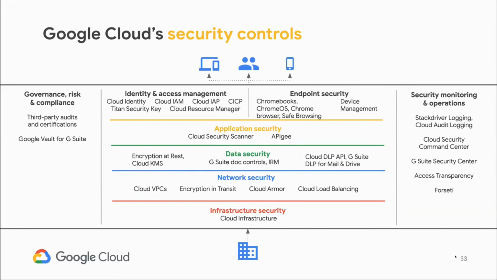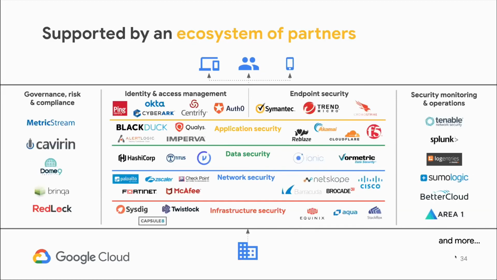And at Google, we can provide capabilities and services across the entire Google Cloud offering, GCP, G Suite, and connected devices that covers the entire scope of responsibility. And we continuously keep expanding the set of capabilities to meet your needs. And then we rely on a set of security technology partners out there to help you with your security needs.